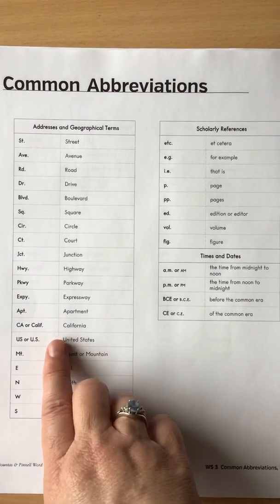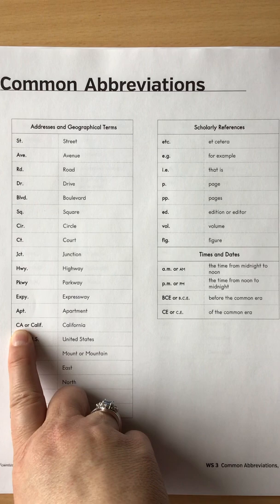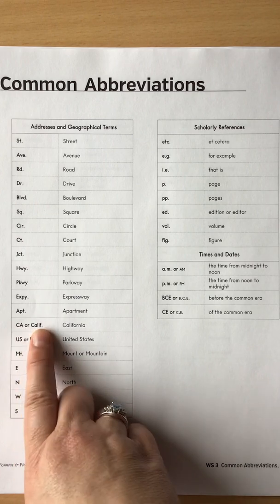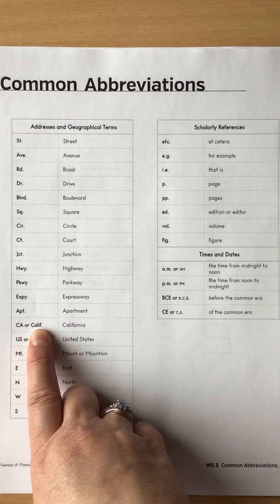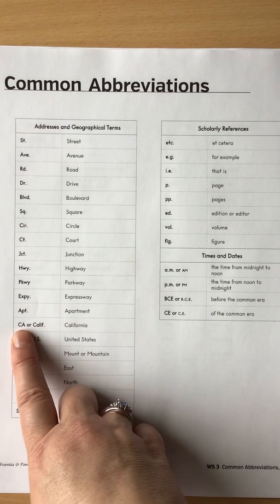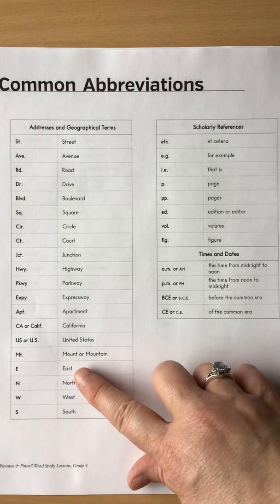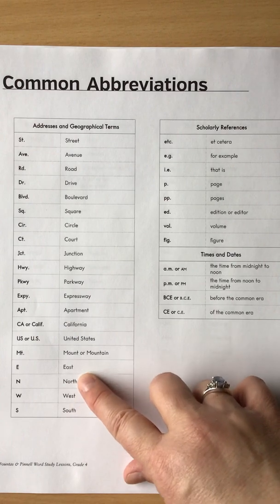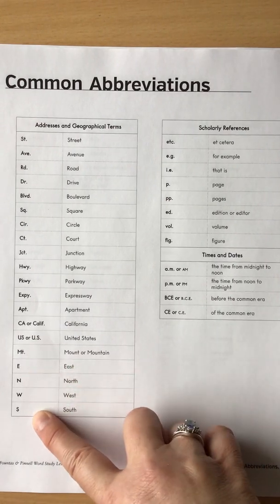Now here, down here for California, they're showing you this is the proper abbreviation for now, but they used to use this. If you did this on an envelope, the post office would certainly know where to send it, but this is just a lot easier. When we do the directions, we use a capital letter with no period.